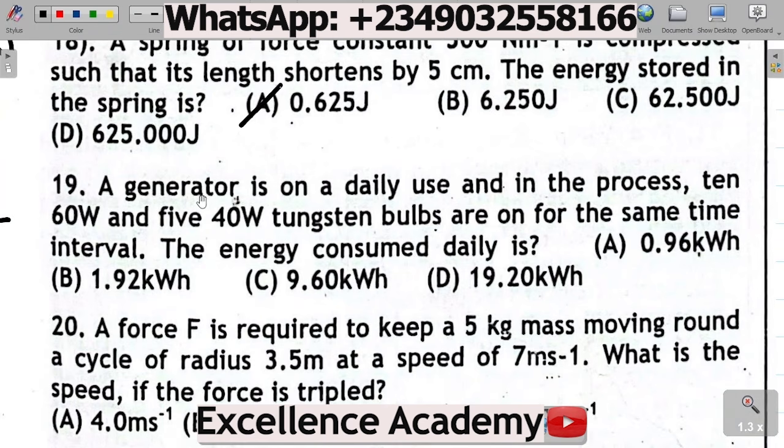19 says a generator is in daily use, and in the process 10 60-watt and 5 40-watt tungsten bulbs are on for the same time interval. The energy consumed daily is: A, 0.96 kilowatt hour; B, 1.92 kilowatt hour; C, 9.60 kilowatt hour; D, 19.20 kilowatt hour.